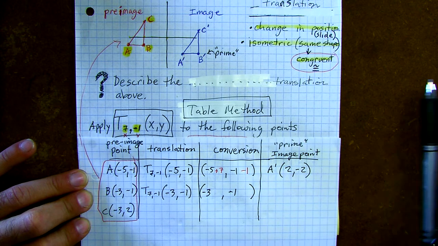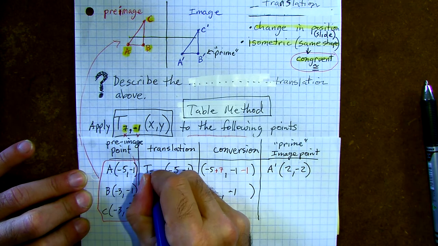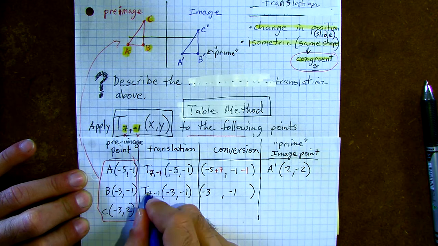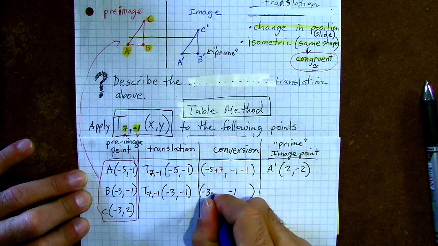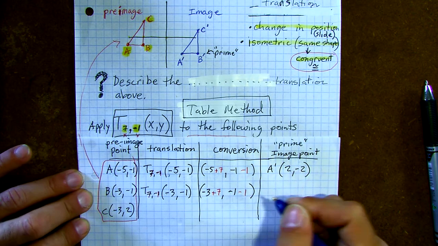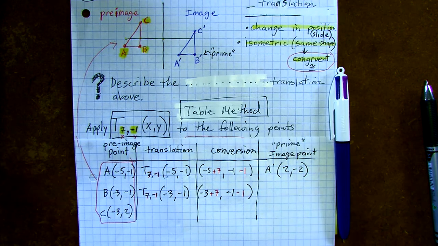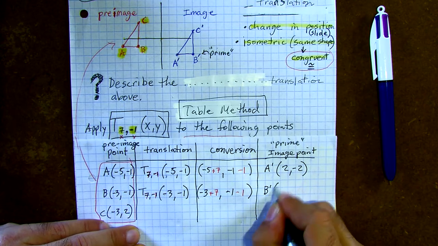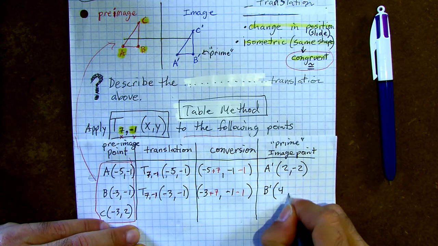This red that I'm always adding here is the 7, negative 1. Translation of 7, negative 1. So I'm going to put that there. Positive 7 for X, negative 1 for Y. All right? So what do we have then? We have B prime is 4, negative 2.